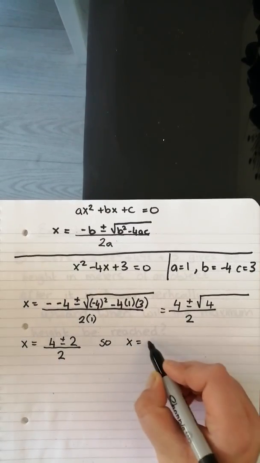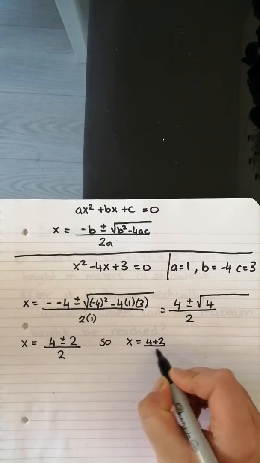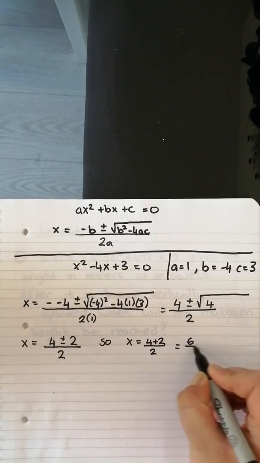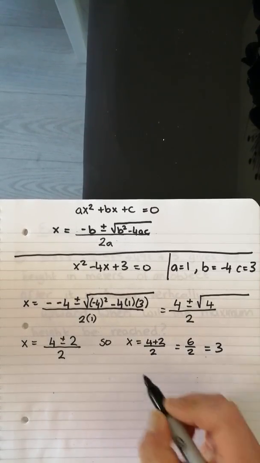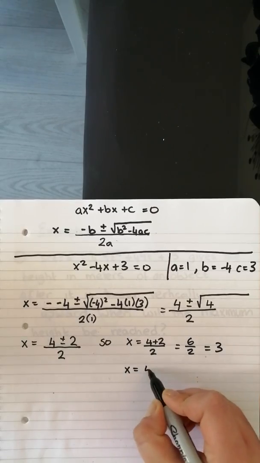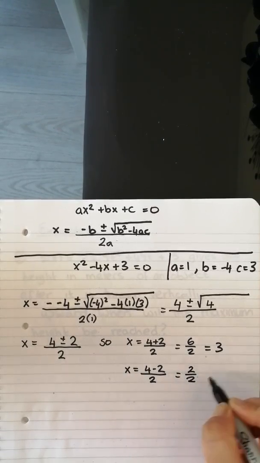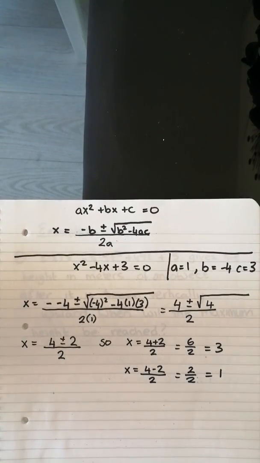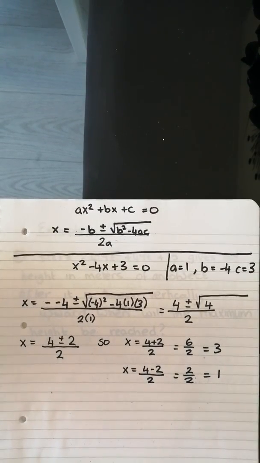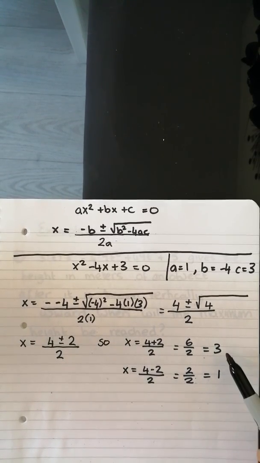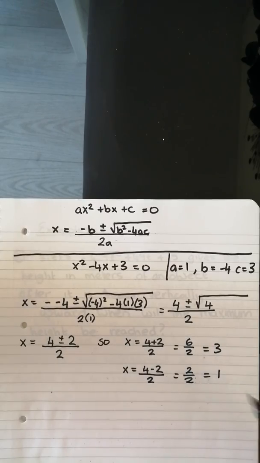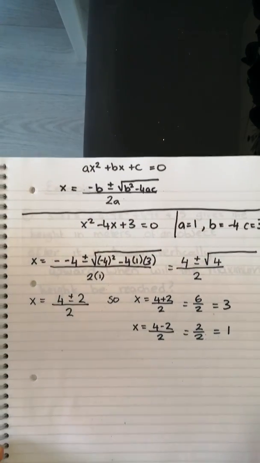So x is equal to 4 plus 2 over 2, which is 6 over 2, which is equal to 3. And x is equal to 4 minus 2 over 2, which is 2 over 2, which is equal to 1. So similarly to before, if we were to just factorise, we get our roots to be x is equal to 3 and x is equal to 1.